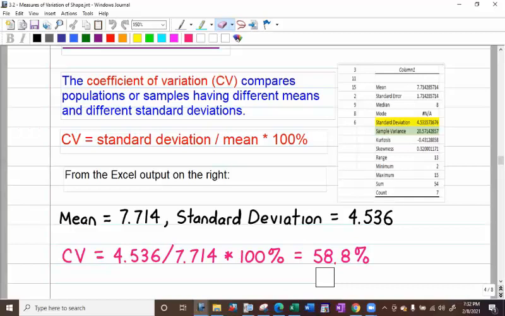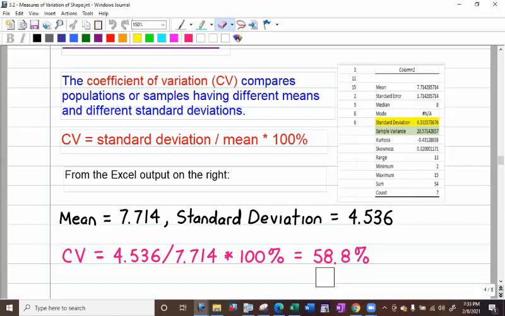Now, one thing I like to mention here: there are no limitations on this value, in the sense that the coefficient of variation can be a number over 100%. It can be well over 100%, because you could have data sets that are pretty far scattered where the standard deviation is significantly greater than the mean. Of course, there is one exception where you couldn't calculate the coefficient of variation, which is if the mean was 0, because you couldn't divide by 0.